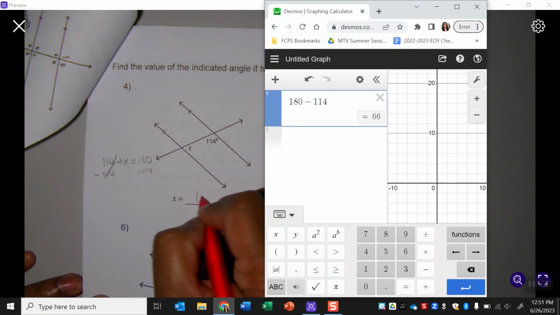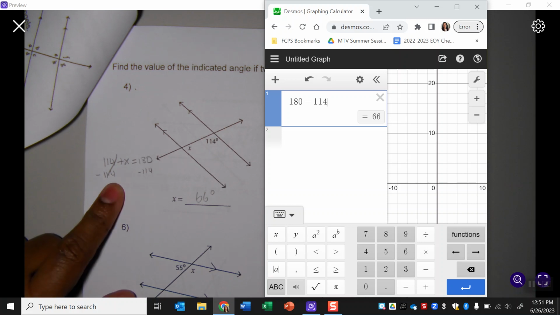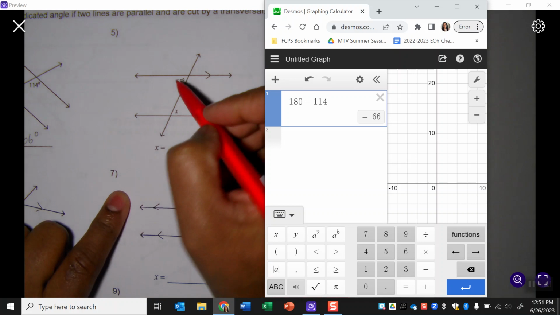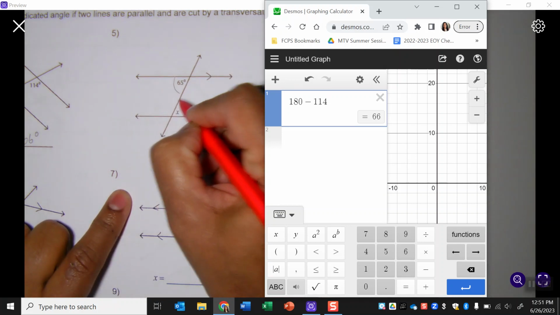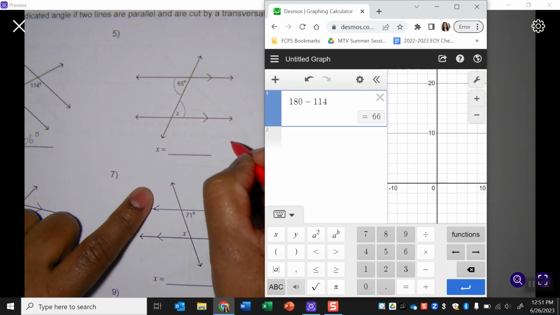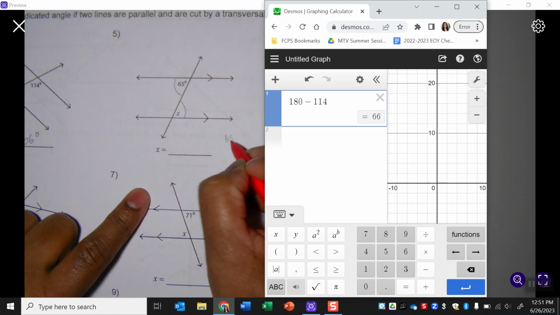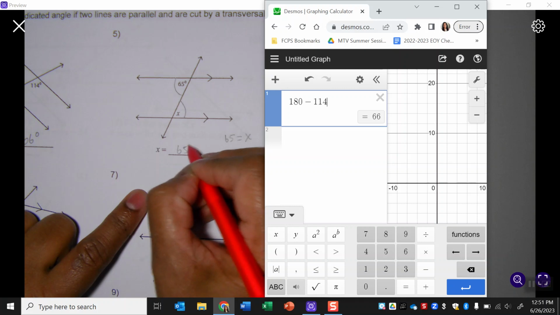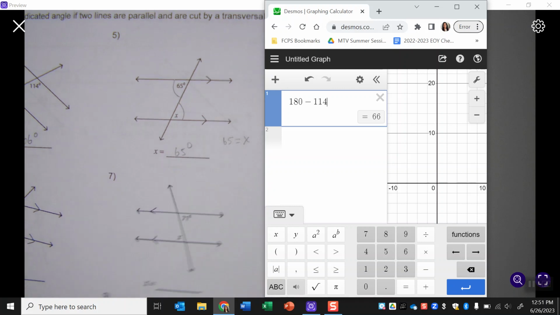That's going to be 66 degrees. So you just have to see if they're equal to each other, or sorry, if they're supplementary. In this case, these two angles are equal because they're alternate interior angles. So the way you set this up is you do 65 equals x, and actually that's it. So x equals 65.